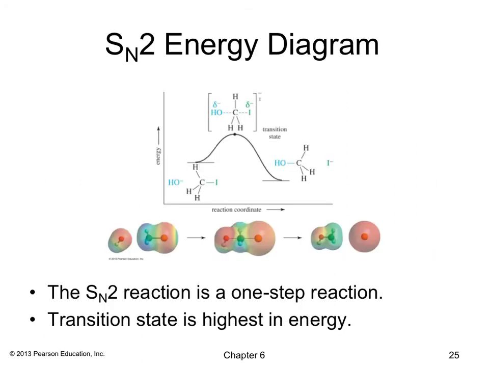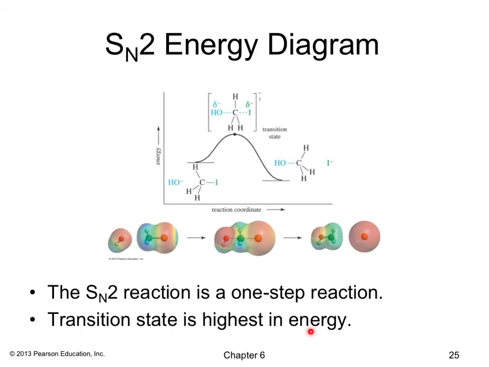In terms of an energy diagram, here is energy plotted as a function of reaction coordinate. You're starting off with your two reactants. It undergoes a transition state. Again, a double dagger is shown with an overall negative charge because the hydroxide is negative. And then you have the product. The product is lower in energy. You generate the alcohol and the iodide. And so this SN2 reaction is a one-step reaction, as shown here.